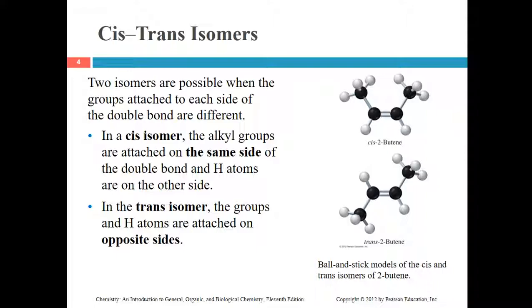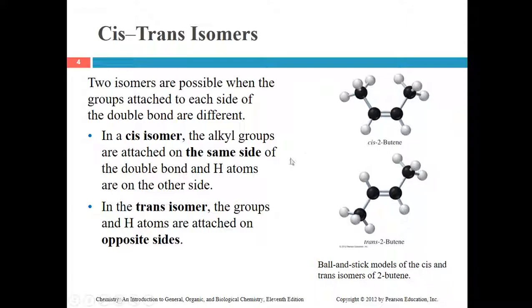So now that we understand a little bit what sides of the double bond, cis or trans, is, we're going to learn a little bit more. In a cis isomer, the groups, whether they're alkyl groups or whatever, are attached on the same side of the double bond, which we've already discussed, and the hydrogens are attached on the other side.